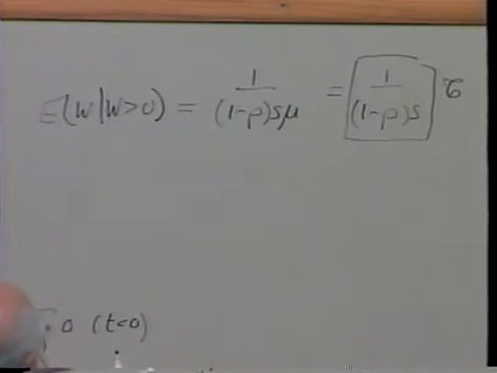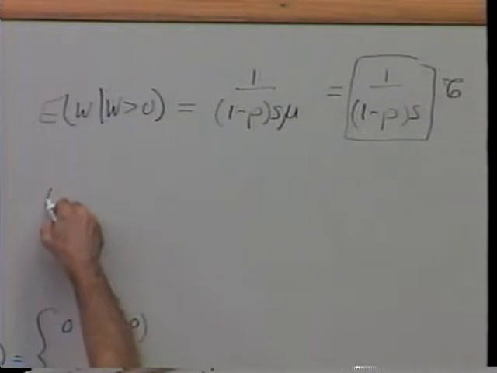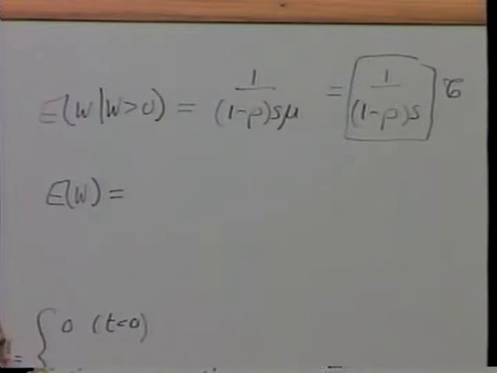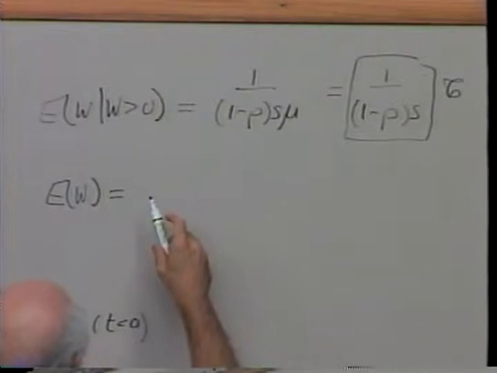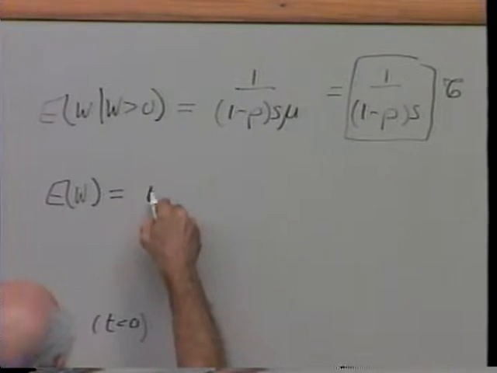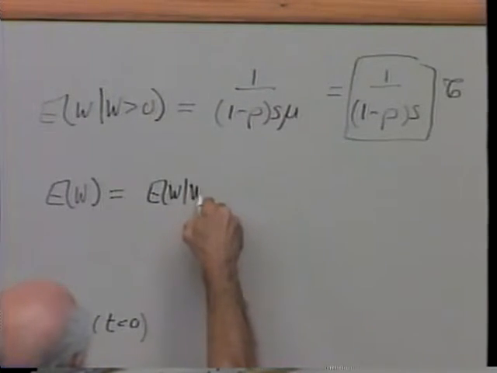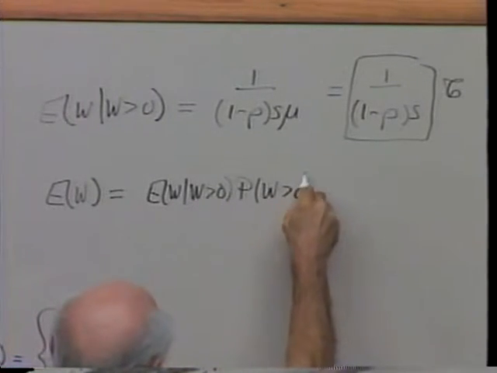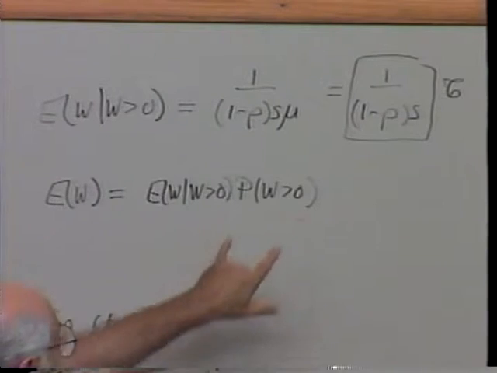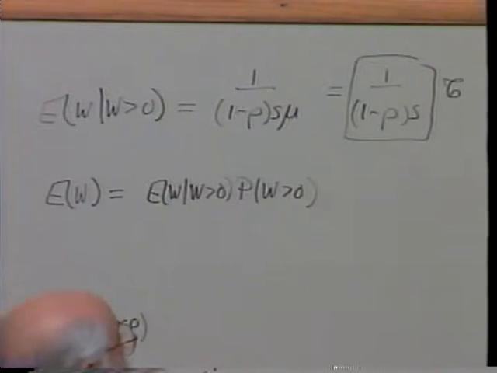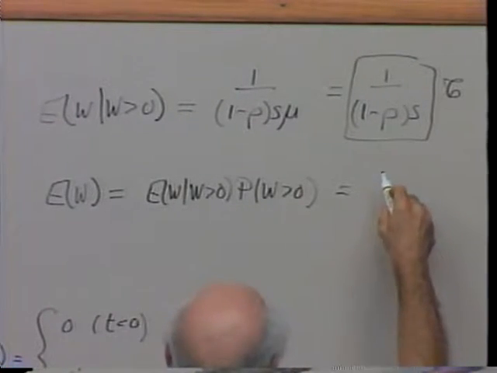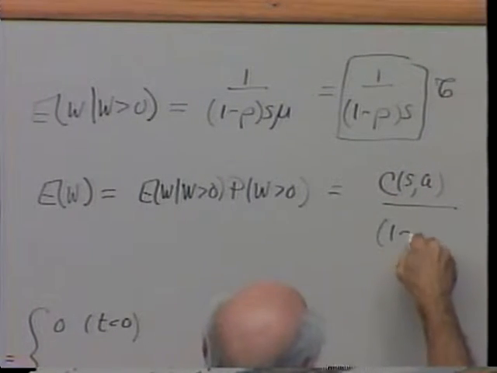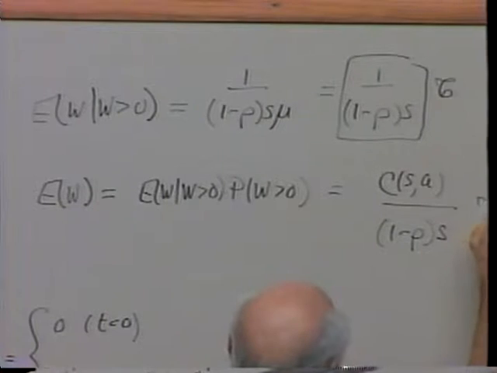Now what about the unconditional expected value? Well, the unconditional expected value, of course, is equal to the expected value given the condition times the probability of the condition. But of course, this piece is simply the Erlang C. So therefore, you get C of S, A divided by (1 minus rho) S times tau.